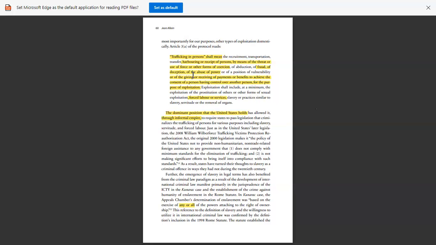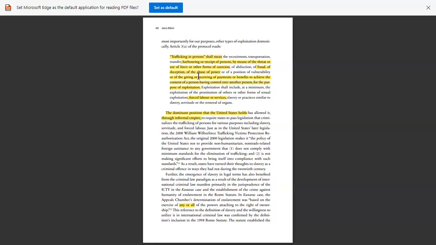Harboring or receipt of persons, a bill of lading, a certificate of personage. Trafficking shall also mean by means of threat or use of force or other forms of coercion, fraud, deception, or abuse of power. These are all trafficking of persons. Or the giving or receiving of payments or benefits to achieve the consent of a person.